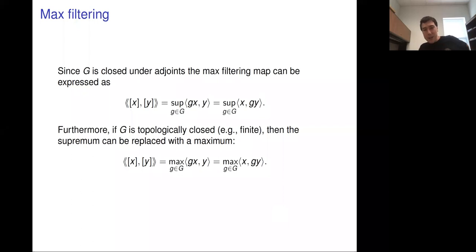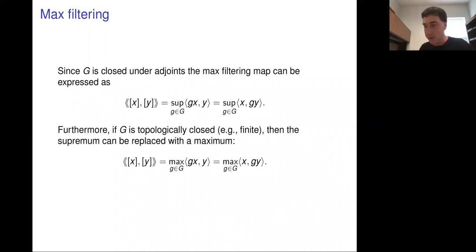So this last line that I have on this slide here, this is what I really want people to think about as max filtering. You have a group action, and you take two vectors, and then the max filtering map between the two orbits of those vectors is the max of the inner product of Gx with y, where you max over G. Which is the same as saying the max of the inner product of x with Gy, max over G. So that's the real mapping.